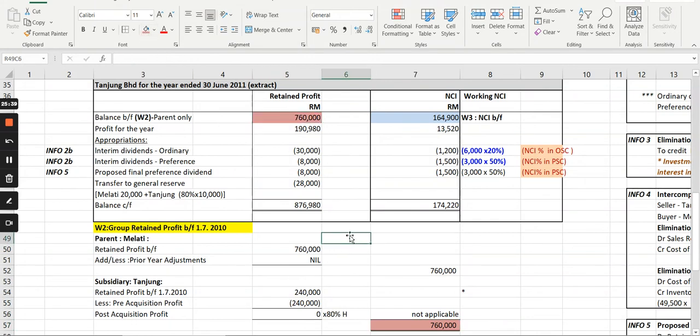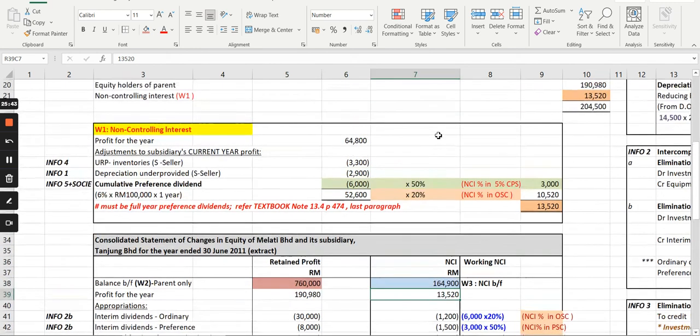Okay, next, I'm now putting the profit for the year. This one was taken from our figure here. We should have a different color for this.